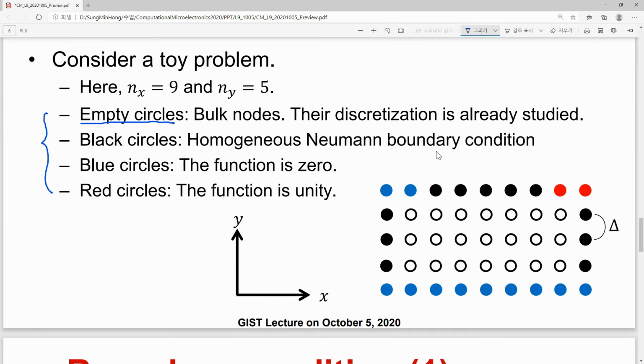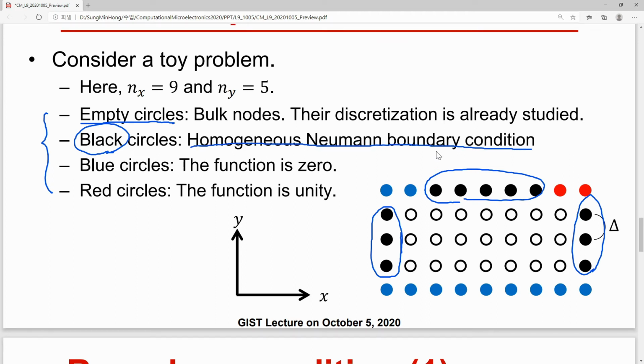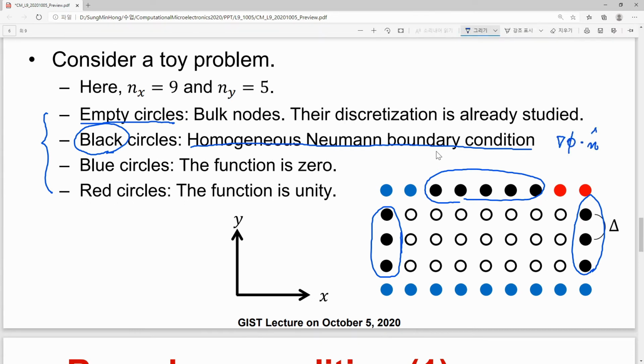Now we have 3 more kinds of circles. One is the black circle, and this is this one, and this one, and this one, corresponding to the homogeneous Neumann boundary condition. So for example, the normal component of our gradient of phi should vanish at these points.